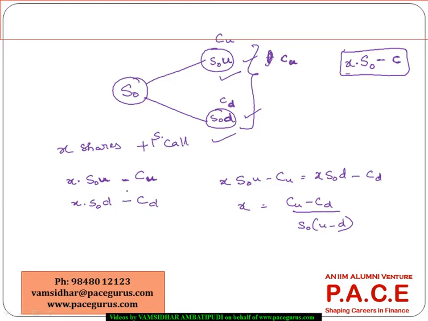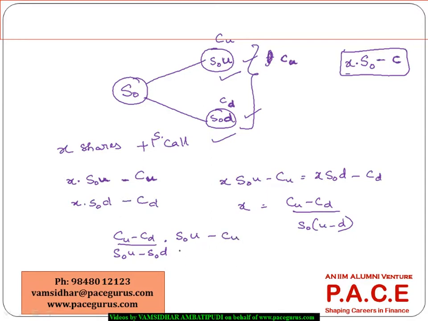And if I'm looking at the value of the portfolio at that point, I can take it as CU minus CD divided by S naught U minus S naught D, those many shares are getting purchased, minus CU.